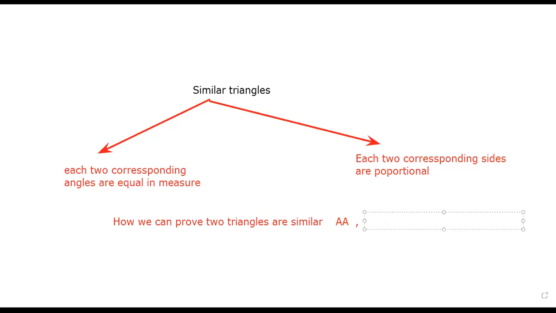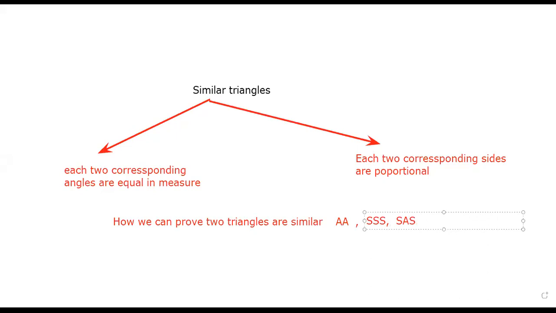Grade 9, we can prove that two triangles are similar by using angle, angle, or by using side, side, side, or by using side, angle, side.